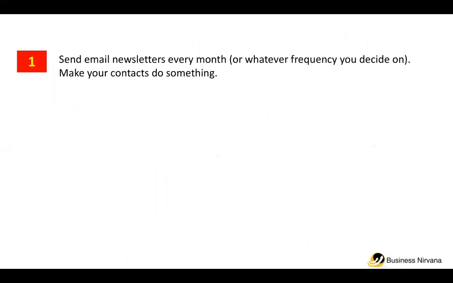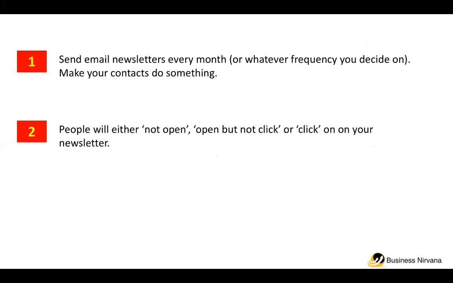Okay. All right, so I'm going to bring it all together and give us a few minutes for Q&A. Please send email newsletters every month. I generally recommend once a month. You can decide upon a frequency, but when you do, you go back to what your customers want. And that goes back to how well you know your customers. Every time you want to make your contacts do something, every contact piece, make them do something.